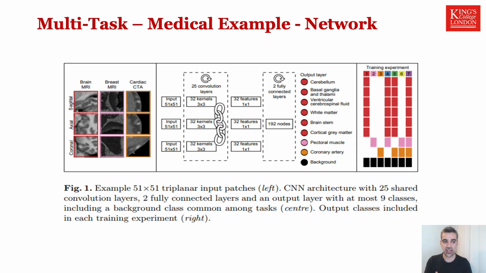Sometimes they give the breast MR, which will only have the pectoral muscle, and sometimes they give the cardiac CTA, which obviously will only have the coronary artery, and they're cycling between them. Often overlapping tasks and sometimes not overlapping tasks, to force the network to see different tasks at the same time, and also gradients that come from different locations. So sometimes gradients might only come from one task, sometimes gradients might come from multiple tasks at the same time.